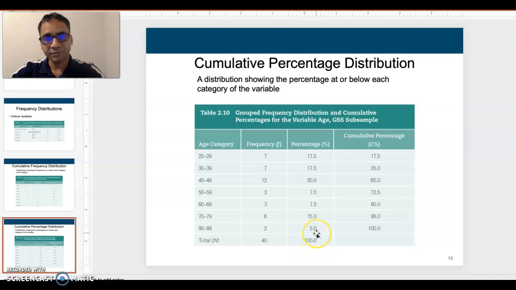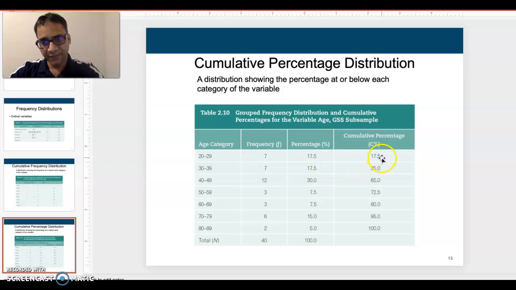Similarly, for each age category we have a list of percentages here, and the total is always 100, because we are looking at the percentage always accounted in 100. For cumulative percent, we take the first cumulative for the first age category, then we add the second age category percent, that is 17.5.